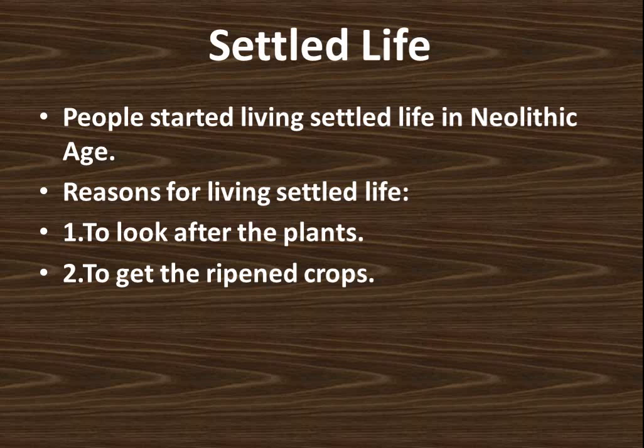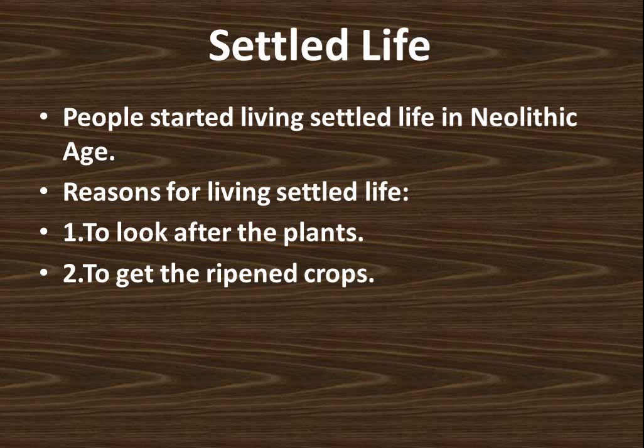One was Paleolithic, the old stone age, then Mesolithic, and the last one was Neolithic. Neolithic started about 10,000 years ago, and as the environment changed nearly 12,000 years ago, slowly and gradually people learned how to grow crops, and in the Neolithic age they started living a settled life because now they became farmers.